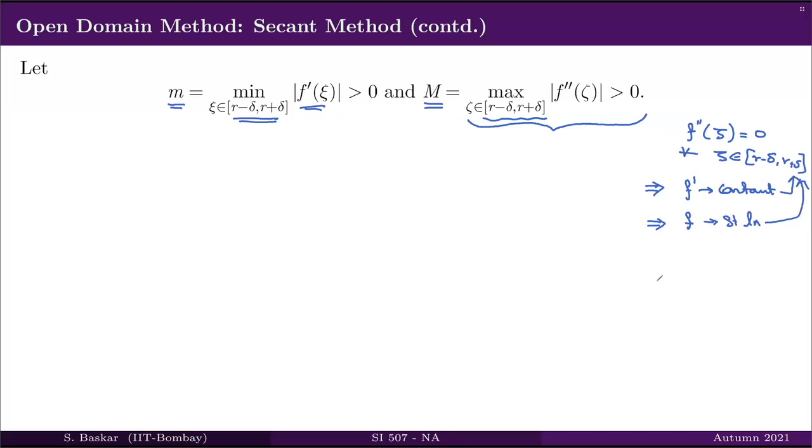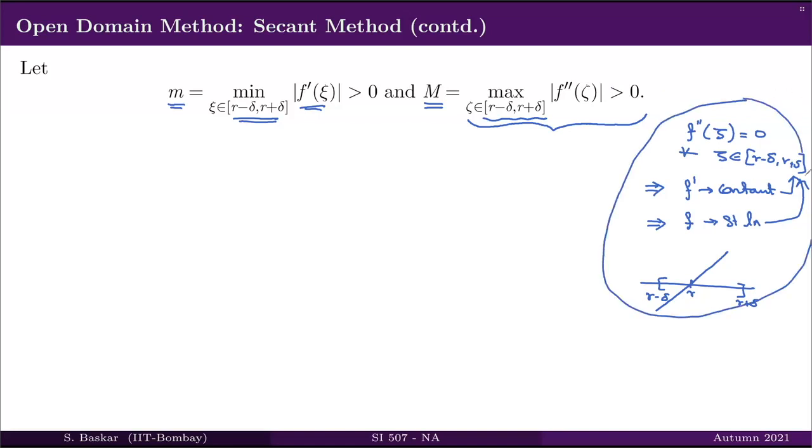If that is so, you can see that your secant method will in fact exactly capture the root r, and there is nothing else to prove for the convergence, right? Therefore, we can assume without loss of generality that capital M is strictly greater than 0, in which case we need to prove something, whereas in the other case, everything becomes trivial and there is nothing to prove.